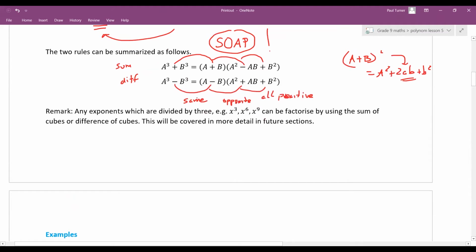And later on, we'll learn how to do questions like x to the 6 minus 9. When we have powers that are multiples of 3, like 3, 6, 9, 12, 15, we can do questions like this, but we'll do this later in the chapter, so don't worry about them too much yet.